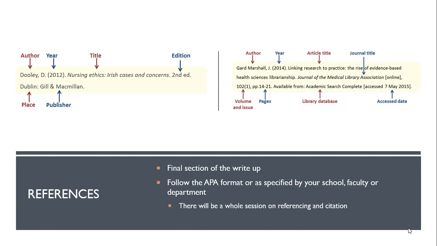It is important. If you have a book, the publisher must be stated, the place where it was published, the author's name. We usually use the surname or the last name. The first name is usually abbreviated.